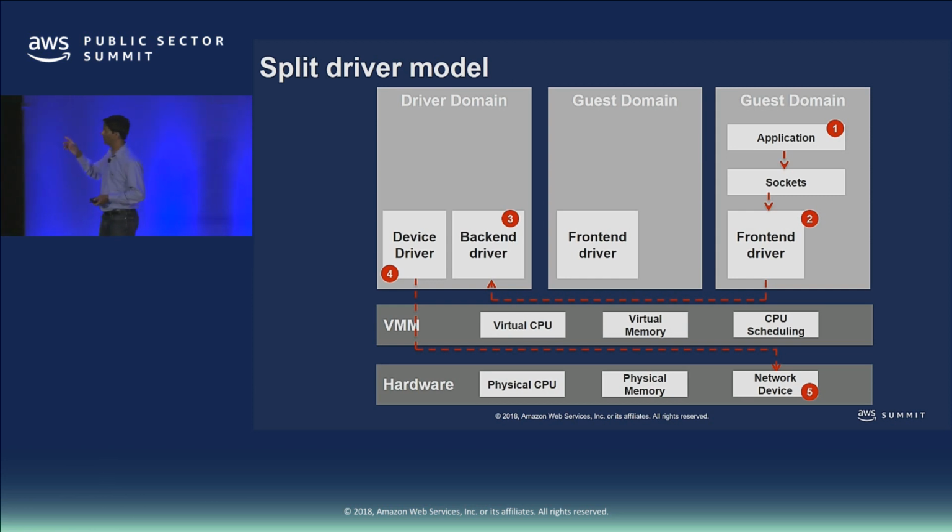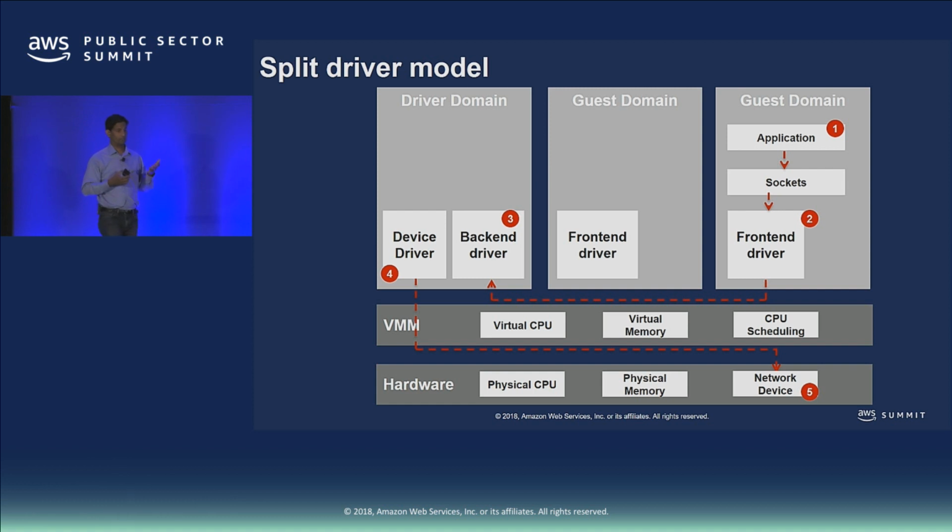Here is just a quick overview of why this split driver domain model is important. Your guest operating system is where your virtual machine is running an application at layer 7. When your layer 7 makes a network connection call, it goes through a network socket connection, and the front-end driver on the operating system, number 2 here, is the one that connects to the back-end driver, which is your hypervisor domain.